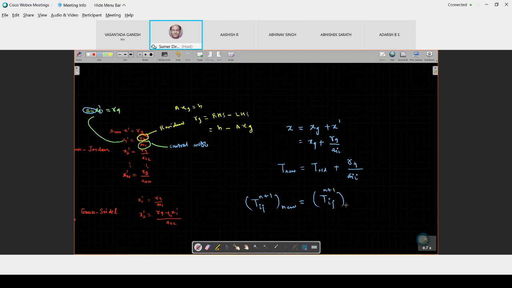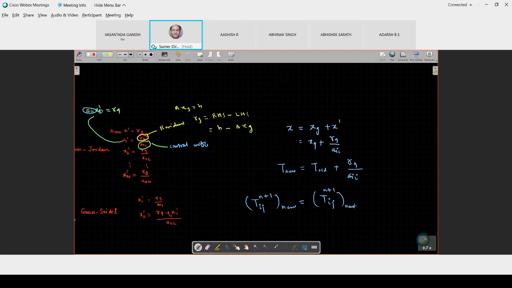I'm writing it again as new, because once you go to the second loop, third loop, you have to always assign T old equal to T new. So there will always be an assignment, so we can always update the values.